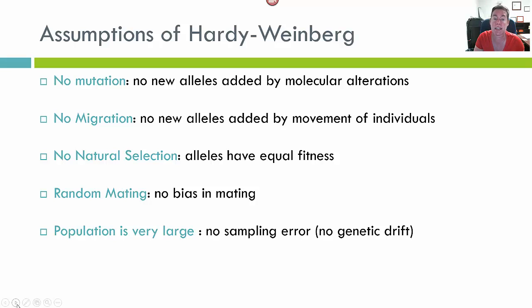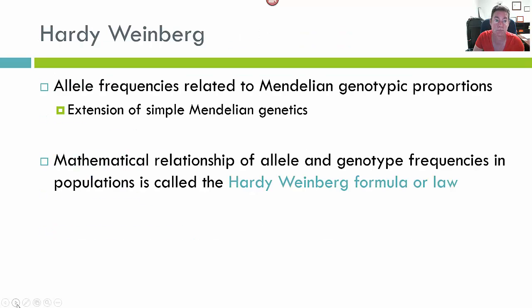There's random mating, with no bias in mating. Short people are just as likely to mate with a tall person as a tall person is equally likely to mate with a short person. The population is also predicted to be very large, which is very important in terms of genetic drift, because there'll be no sampling error, and if there's no sampling error, there'll be no genetic drift.